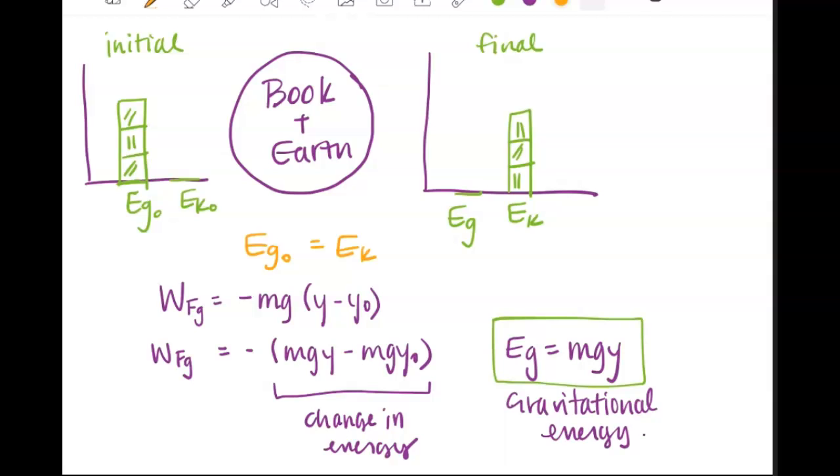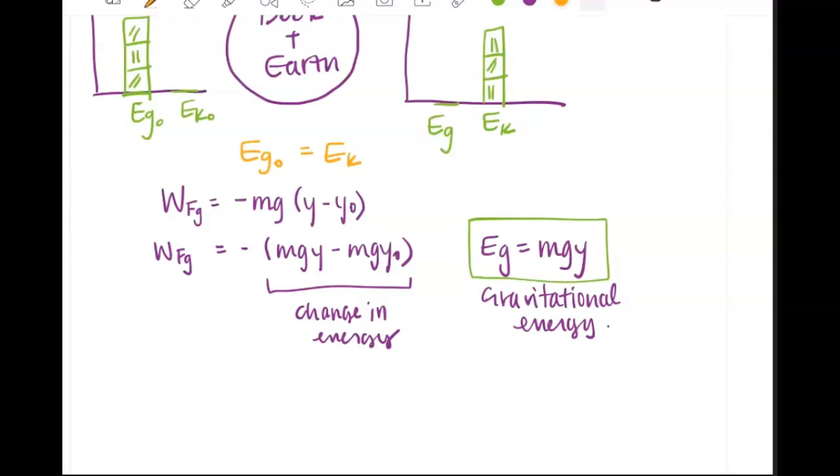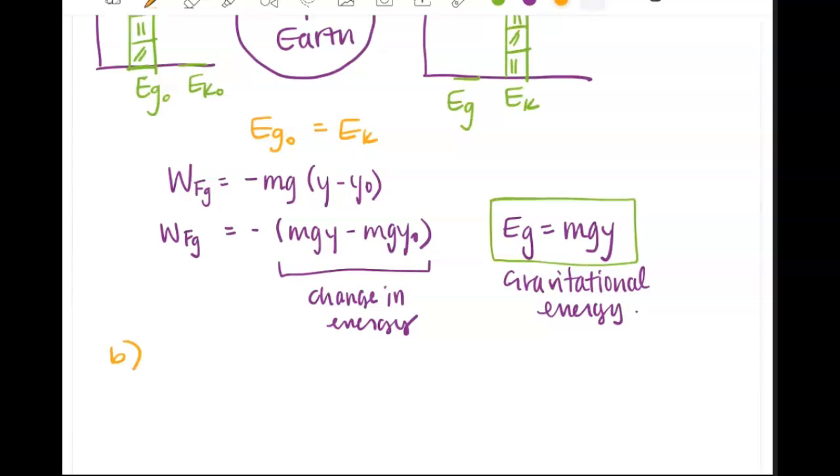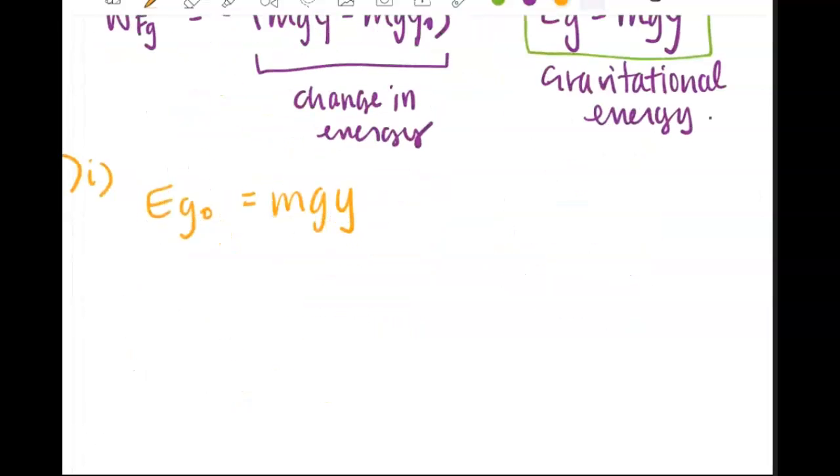Okay, so part B is asking us to find the initial and final gravitational energies of the book just before you release it. So EG initial will be mgy as derived up here. The mass of our book is 2, g is 10, and then y is initial.